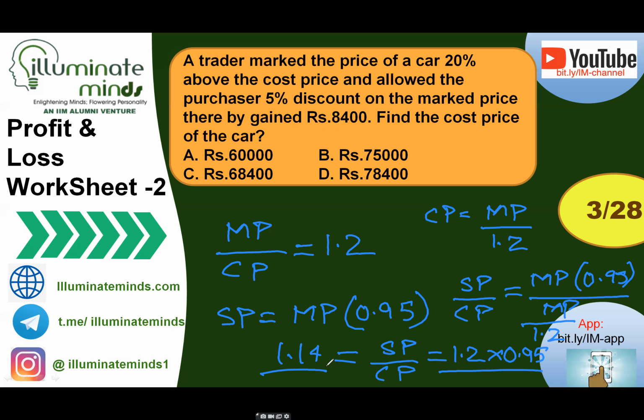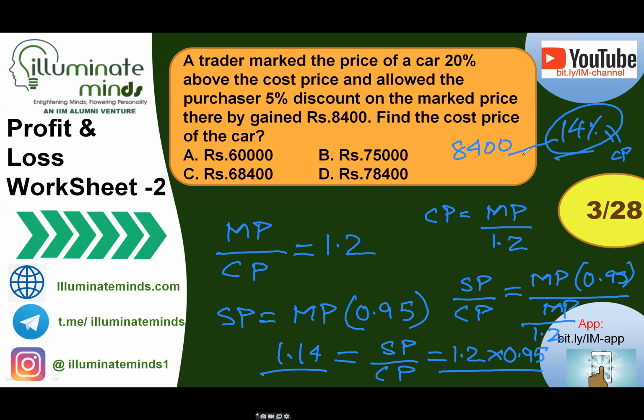So what is my cost price? So 14% is the profit, and 14% of the profit is equal to 8,400 rupees. 14% profit means 14% of cost price.